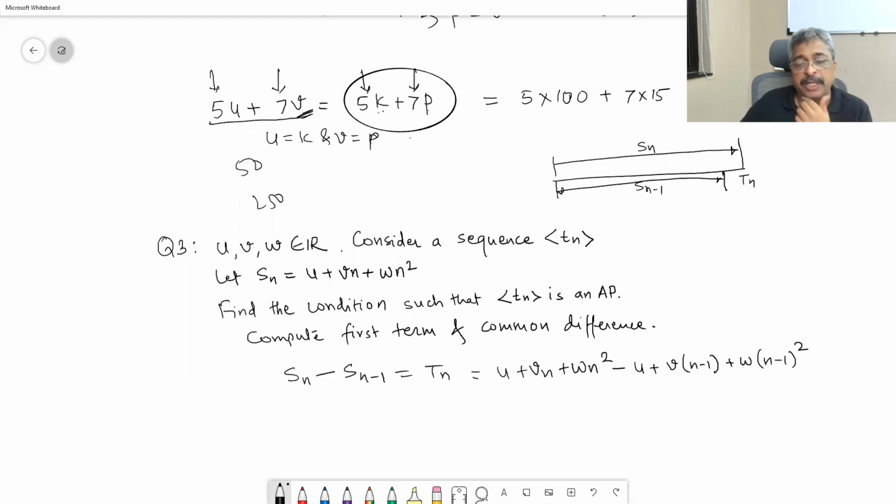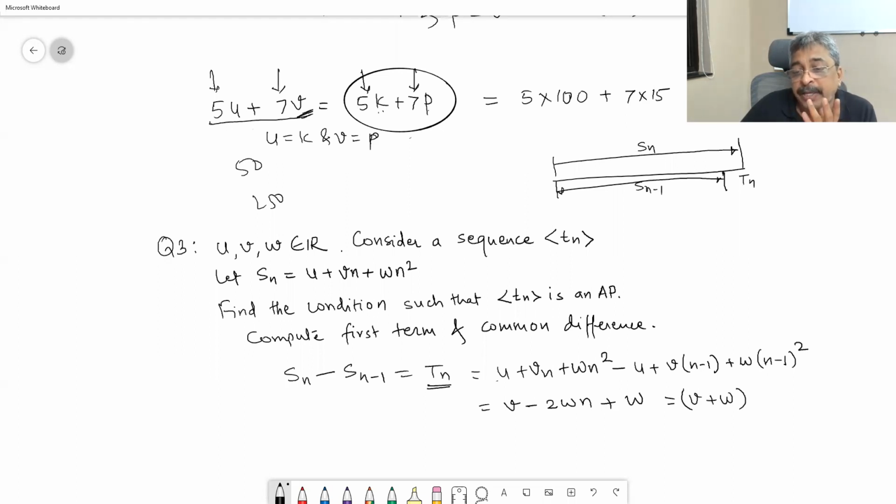That is your Tn, which is U gone, Vn gone, what remains is V, Wn square gone. What remains is minus 2Wn plus W, that is term number n, is equal to V plus W.